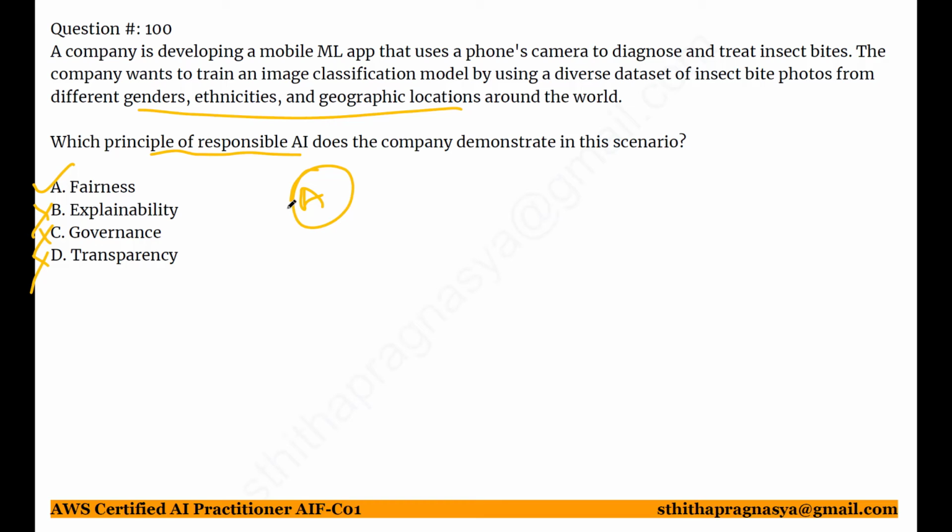Okay, if you are hiring, let's suppose you are in a company and hiring someone, don't try to hire people from your ethnicity or your country or your language, just hire them based on their skills. That's what we should be doing.